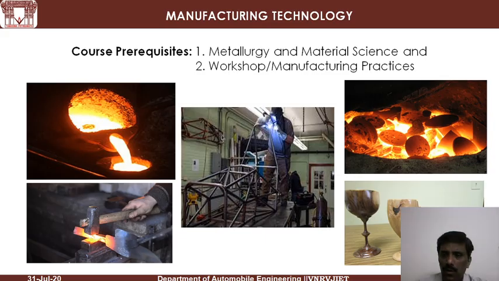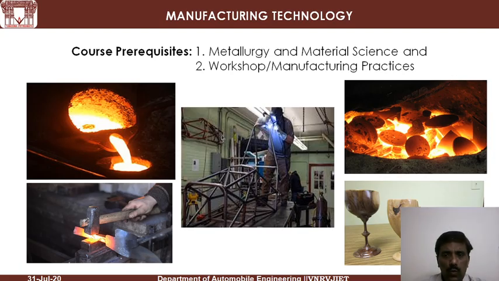and what are the prerequisites for this course. The prerequisites for this course are metallurgy and material science, which you have studied in your second year BTech, and similarly workshop practice or manufacturing practices that you might have undergone in your first year level.